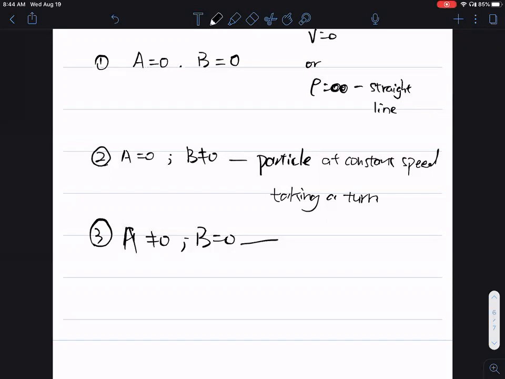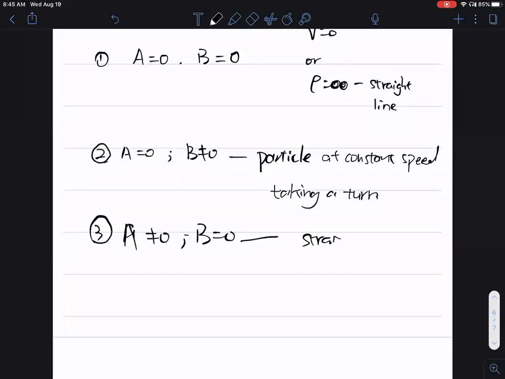Because A is non-zero, which means the rate change of speed is non-zero. It has some type of acceleration or deceleration. If B equals 0, the second term is 0. That means there's no change in direction. So the particle is traveling in a straight line. Yes. Straight line, but acceleration or deceleration.